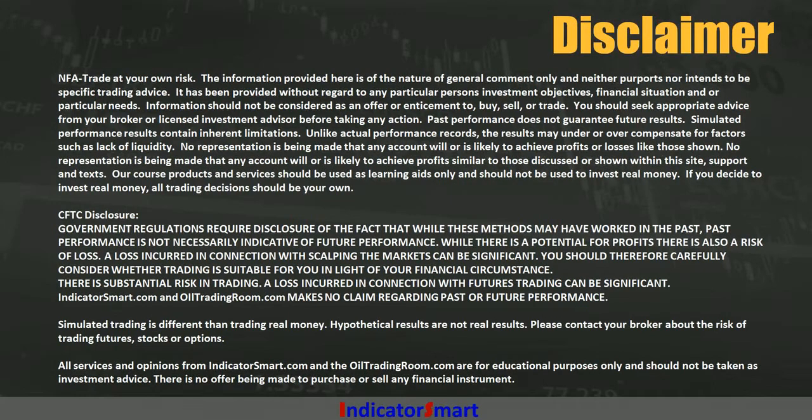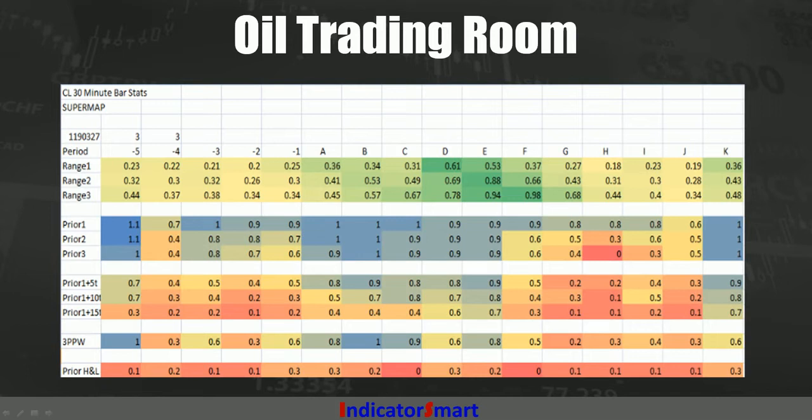One of the things that we use in the room daily that I'd like to share with you, a key part of the way that we navigate our way through the day, is the super map. What this is showing you is that A period, the first 30 minutes of the day, is expected to break the prior periods of the day.